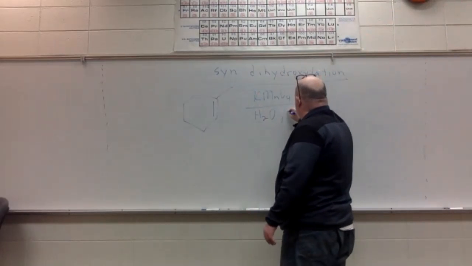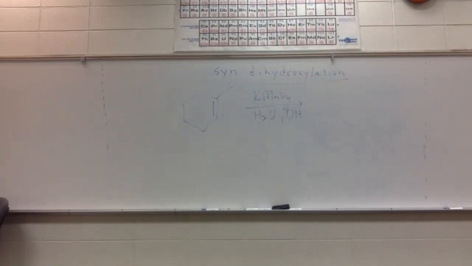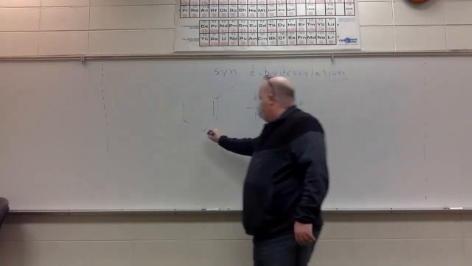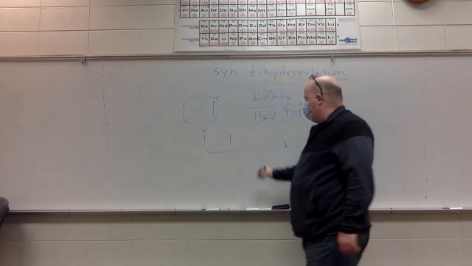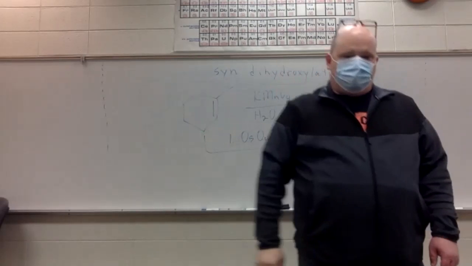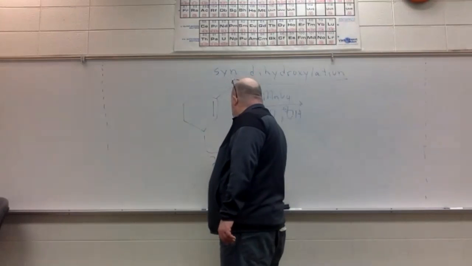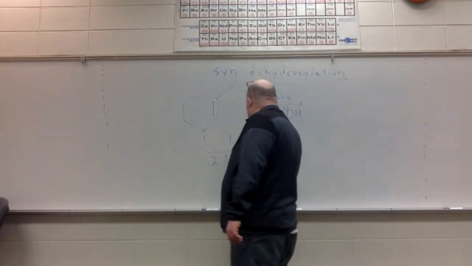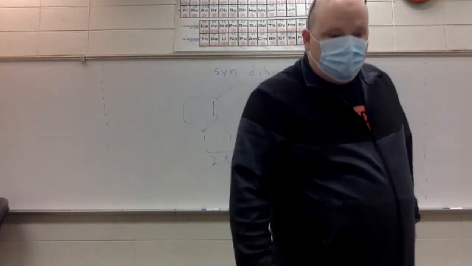And there's two different ways you can do it. You can either use the KMnO4, H2O, and OH minus system, or you can do a two-step process. Number 1, osmium tetroxide. Number 2, sodium bisulfite and water.